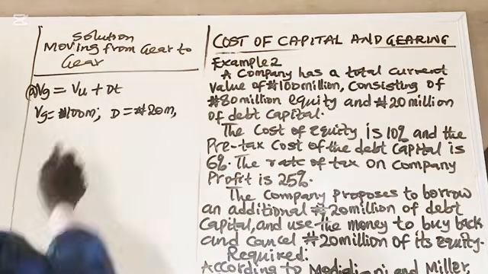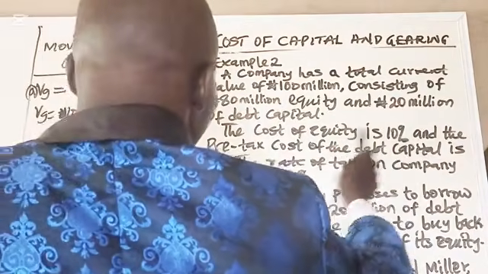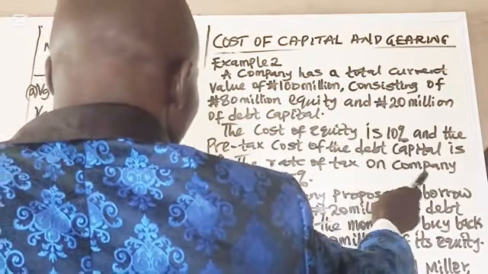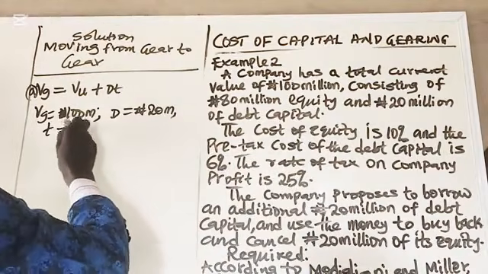Then, what is the tax rate? The cost of equity is 10% and the pre-tax cost of debt capital is 6%. The rate of tax on the company's profit is 25%.